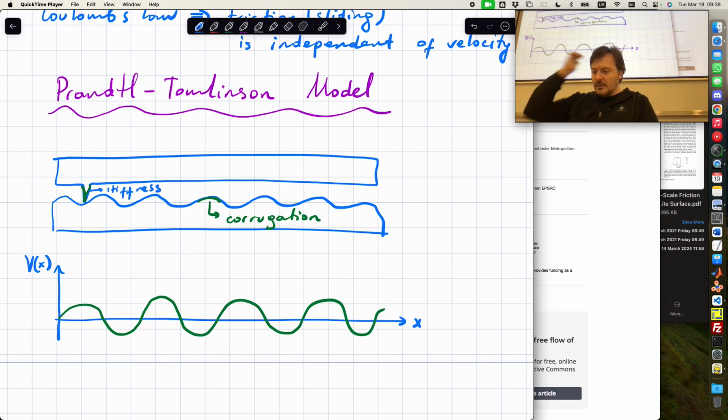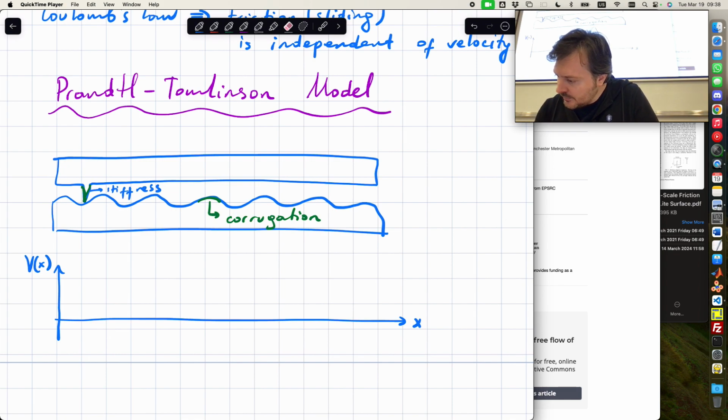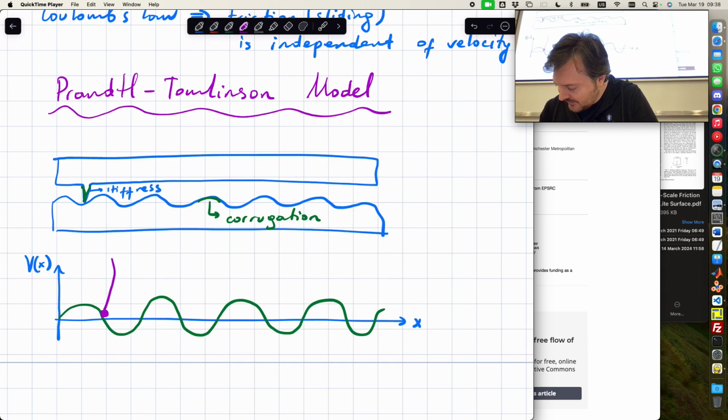Okay. And you have, let's say, the tip. So you have a tip like this, which is stiff, and its tip is staying here.